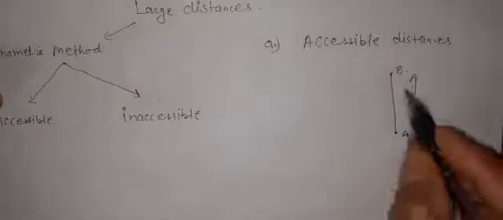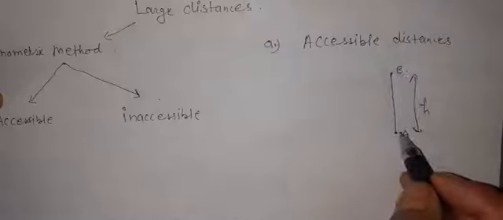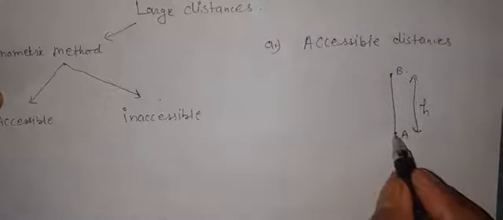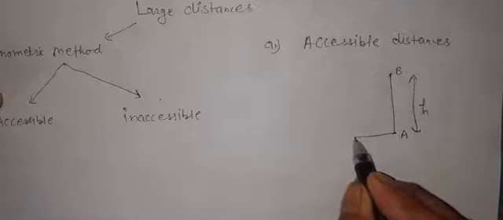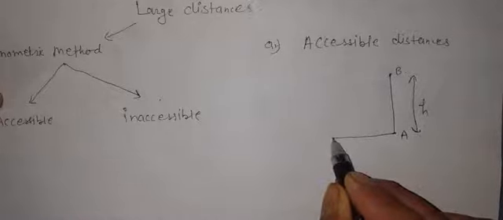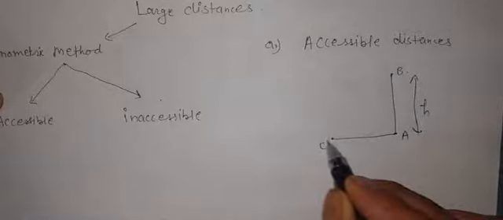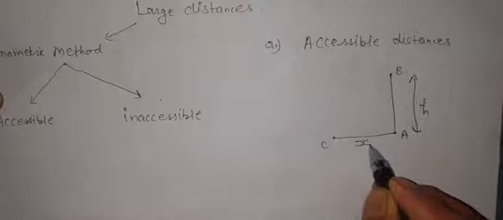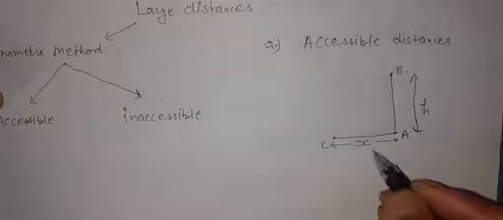So what do we want to do over here? We want to find out the height of this mountain or tree. Therefore we take a distance from it along the ground. We moved up to point C, a known distance from A to C. Let this distance be x.